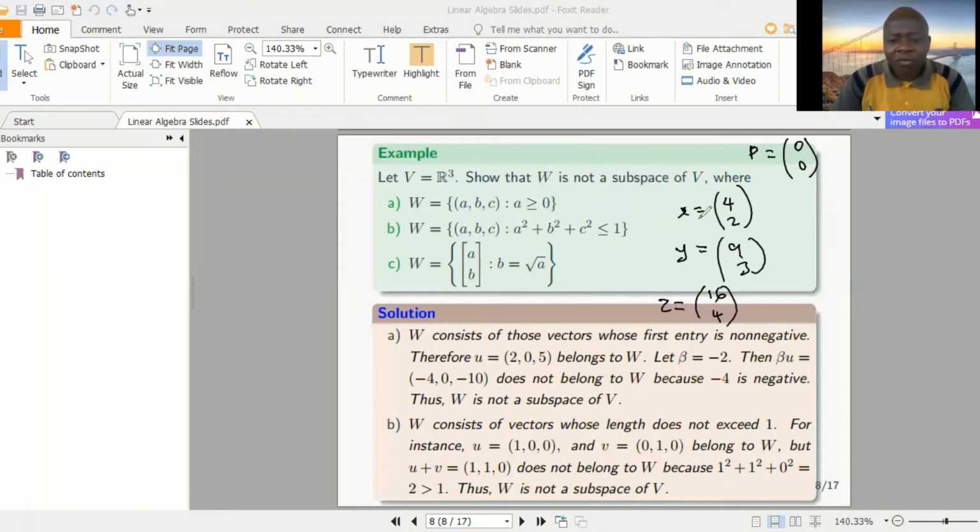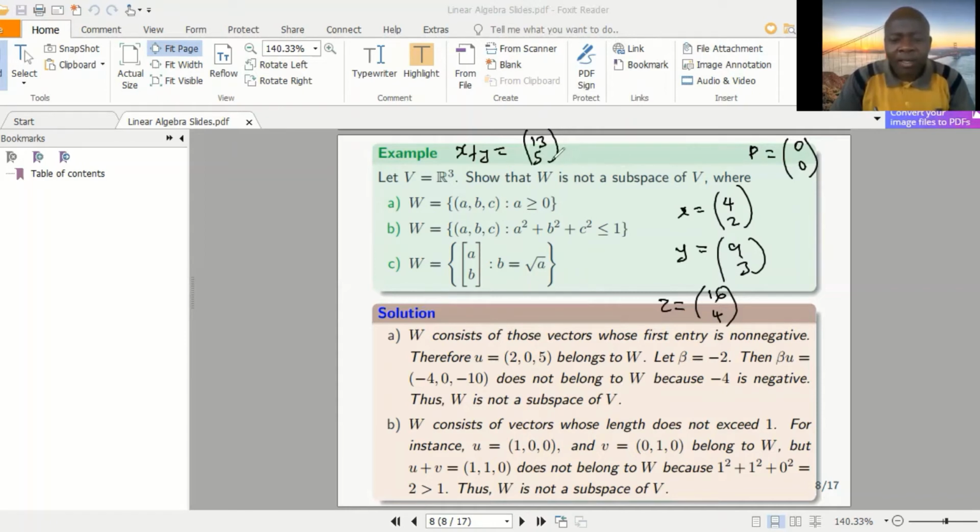Now, if the sum of any two vectors in W is in W, let me take these two vectors, X and Y, and add. I'll get 13 and I'll get 5. Is this sum in W?